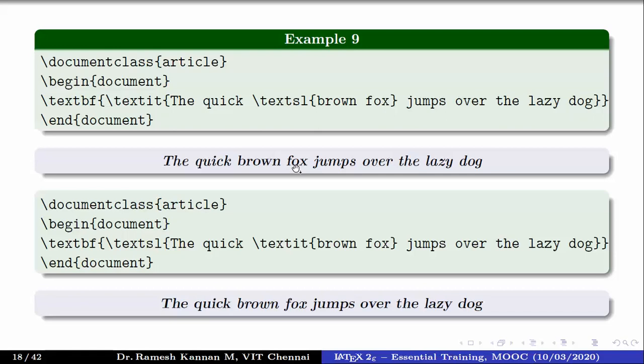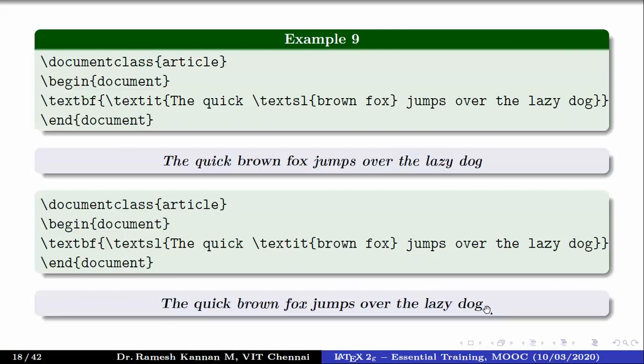So this is just the difference between an \textit and a \textsl, something like that. And in the same way, I made it the other way: I wanted to make the entire content slanted, and italics inside. So I made brown fox italics, but the entire content slanted and bold font.